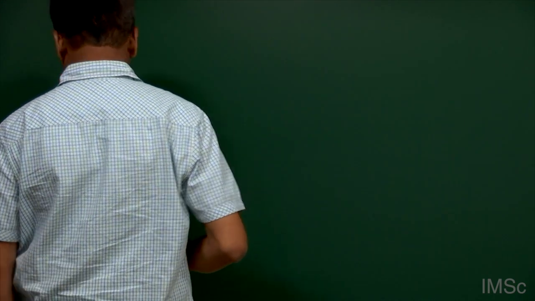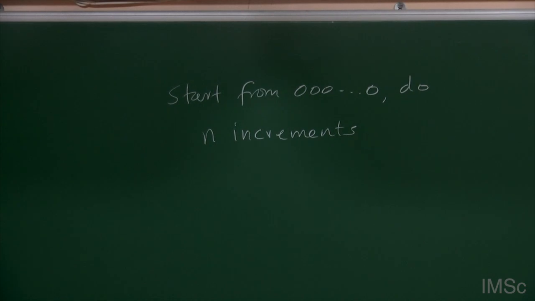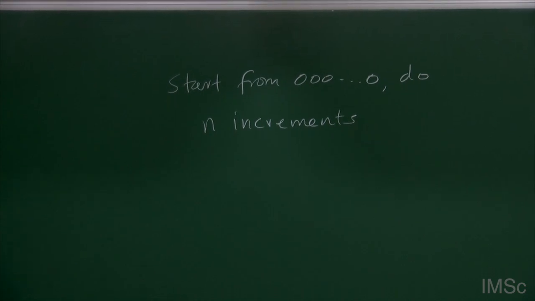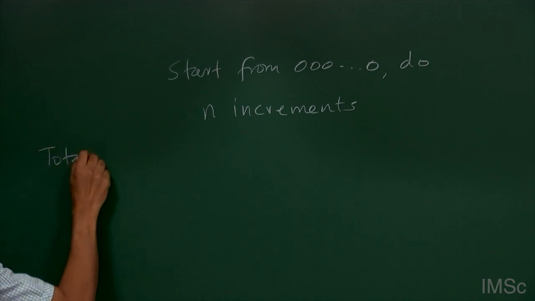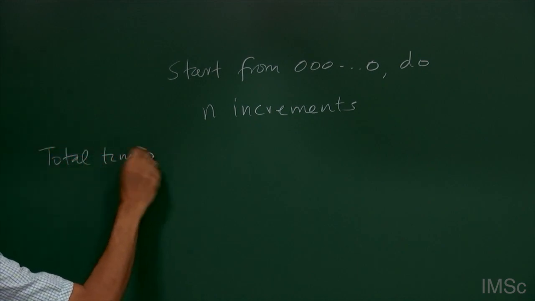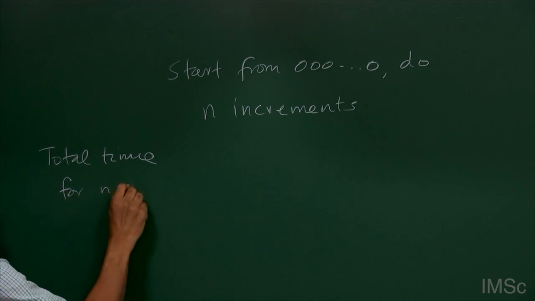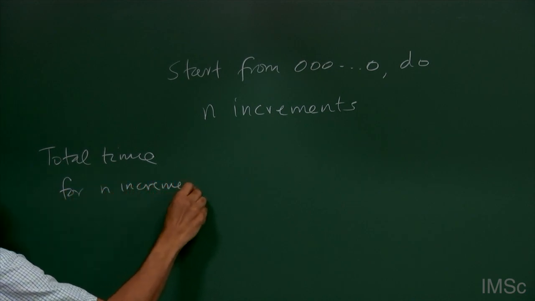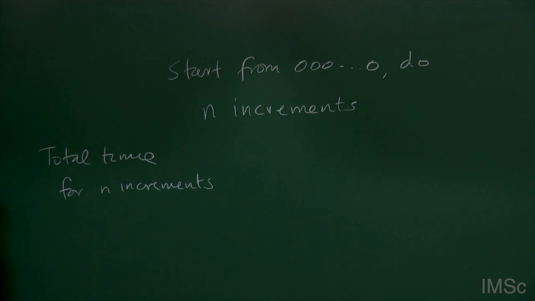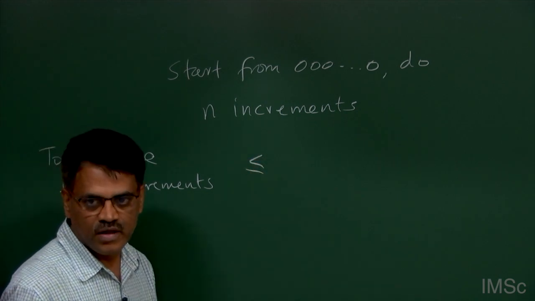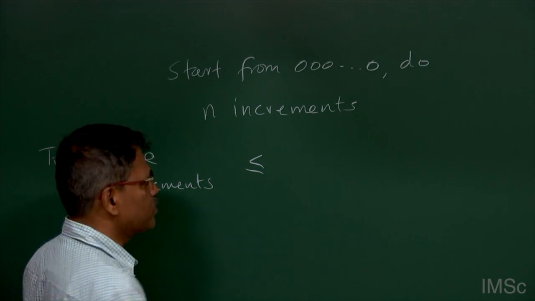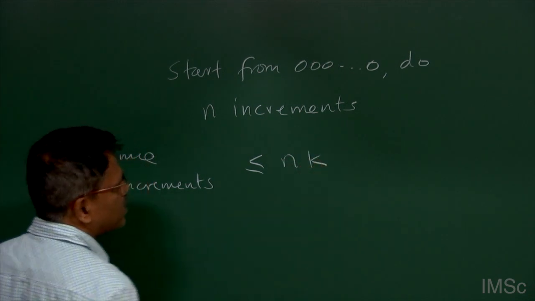This is a sequence of operations, and I want to understand the total time for these n increments. Trivially it is at most n times k, but can I say something better?